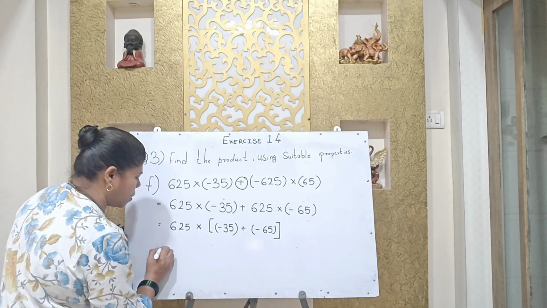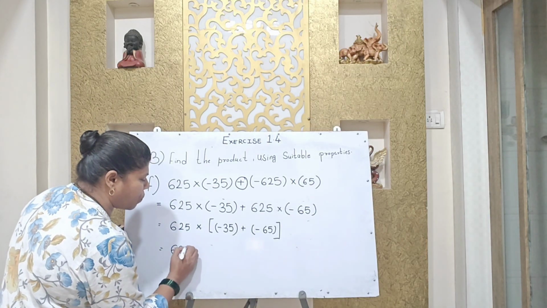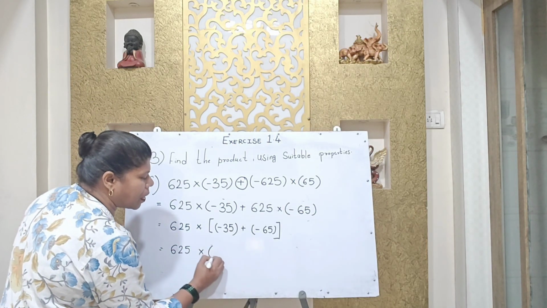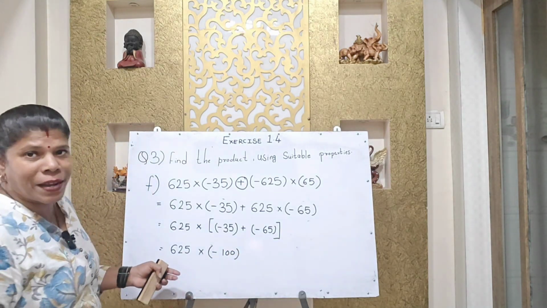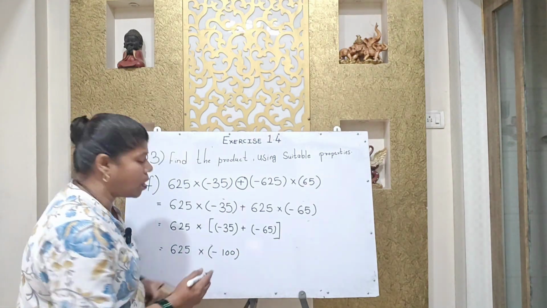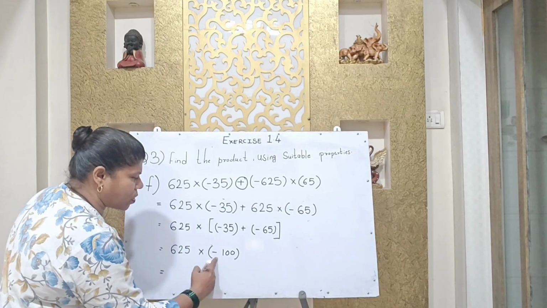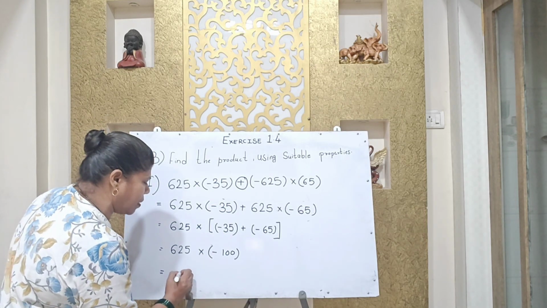So 625 multiplied by -100. Now it is very easy to multiply a number with 100. How? Just write down the sign first: plus minus minus.